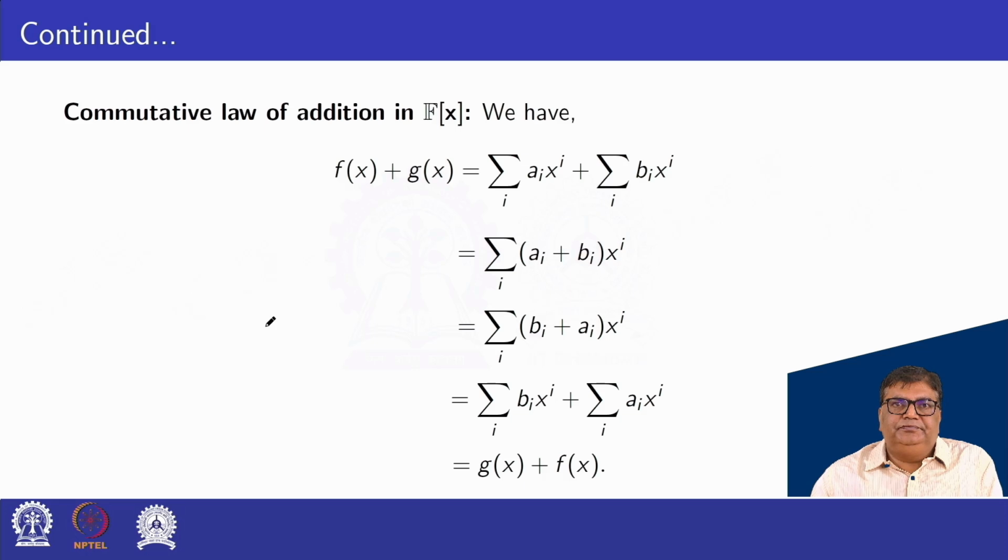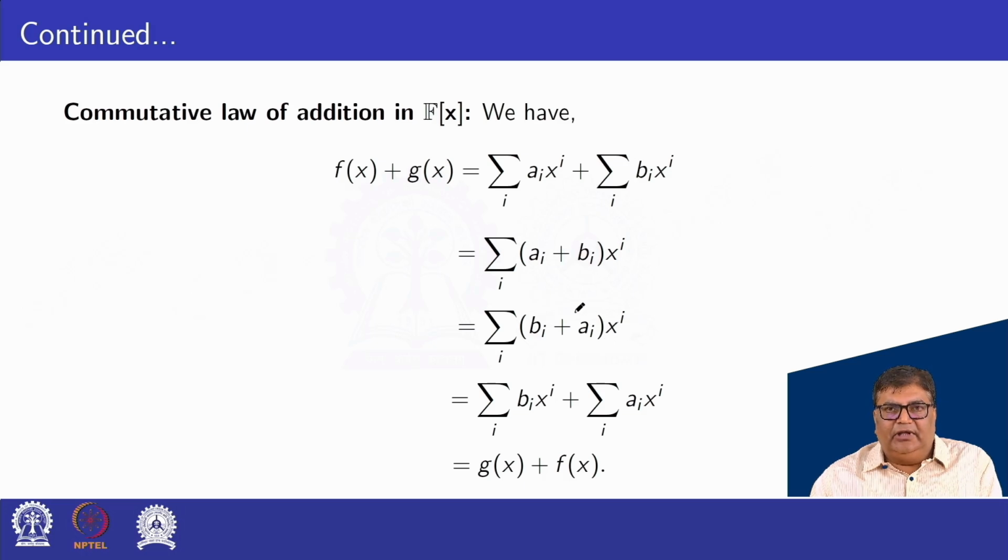Commutative law. We have to check f(x) + g(x) equals g(x) + f(x). The proof is very simple. f(x) + g(x) is the summation over i of a_i x^i plus the summation over i of b_i x^i. This can be written as the summation over i of (a_i + b_i) x^i. We can interchange the position of a_i and b_i because they are scalars, so the summation over i of (b_i + a_i) x^i.